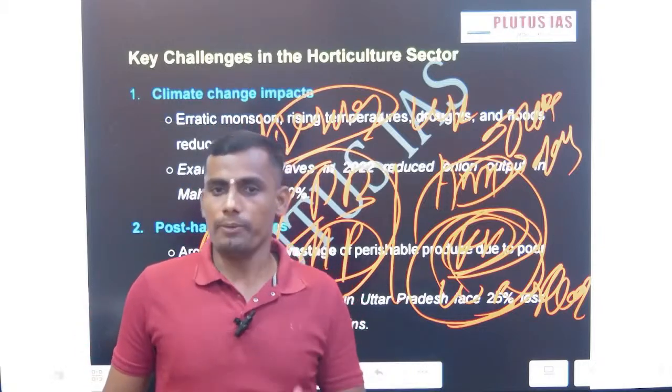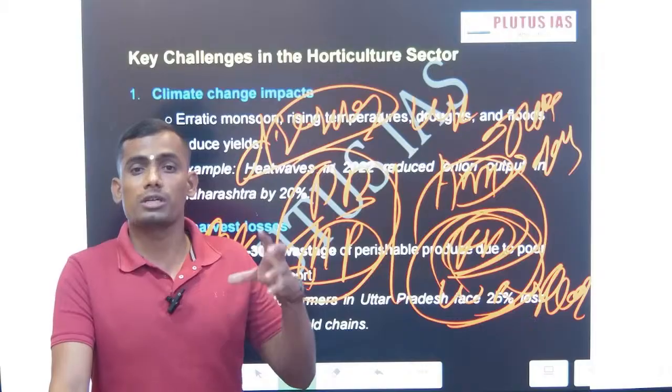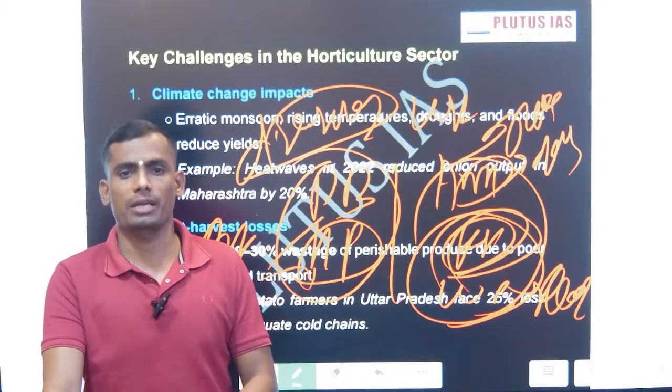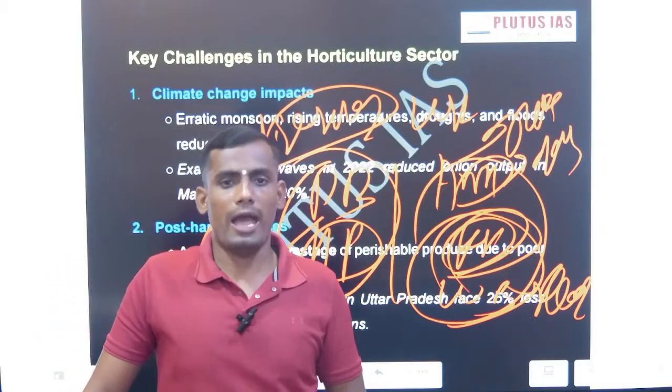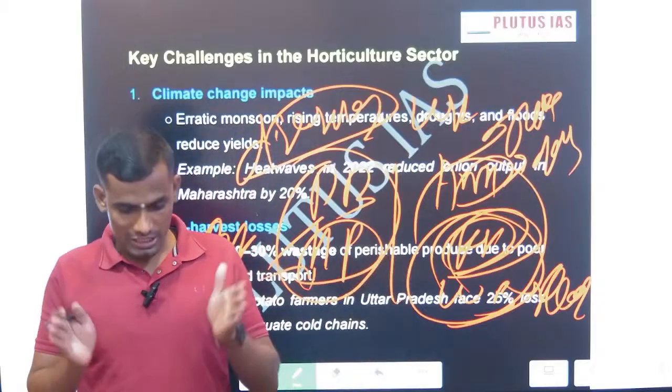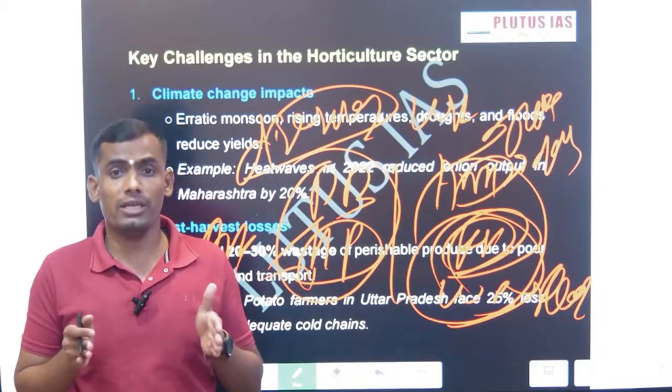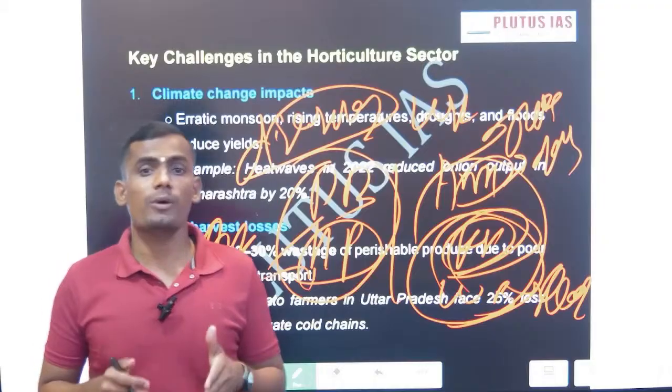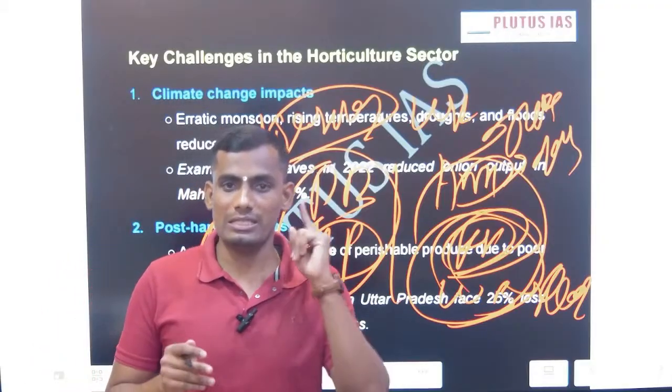So this is happening because of sudden climate change, sudden climatic impact, and this is going to happen in the future also. So this is one of the factors which is constraining the income and the production of horticulture crops. This is the first.